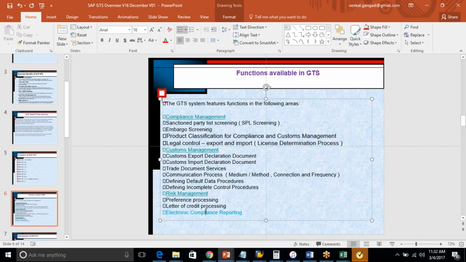If you prepare your resume for a US client, you should not say that you worked on electronic compliance reporting. If you prepare your resume for a European Union or Europe client, then only you need to mention you worked on electronic compliance reporting. Otherwise, you can say you have knowledge of it.